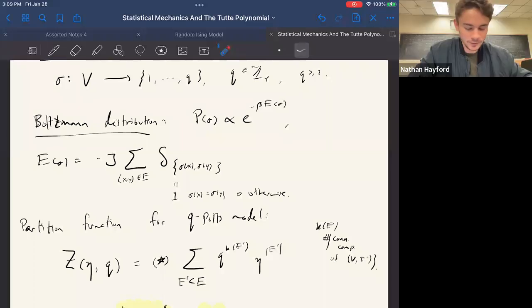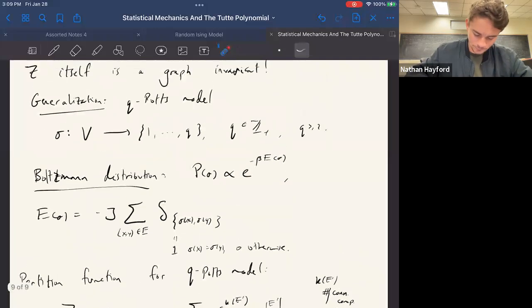Sure. I think most of these results originally were Kasteleyn's, but other people have contributed along the way. The original connection wasn't exactly the Potts model.